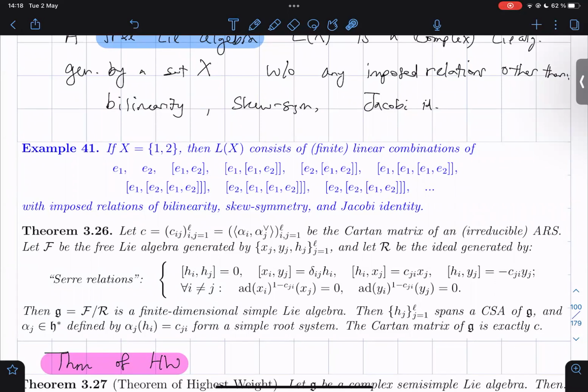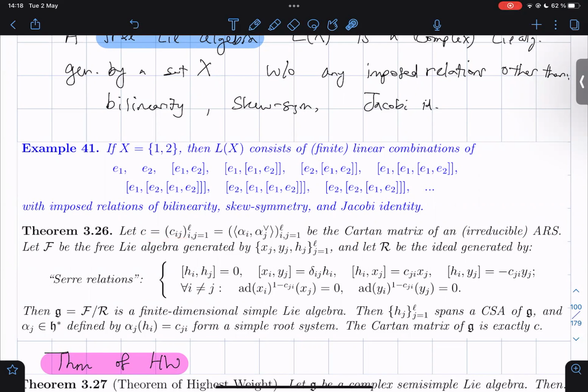So you have this really big Lie algebra, infinite dimensional, L of X. What can we do with it? Well, here's the amazing result. Let's start with the Cartan matrix of an irreducible abstract root system. We don't know yet that it comes from a semi-simple Lie algebra. We have the axioms that we know about irreducible abstract root systems, and then we could talk about its Cartan matrix. These satisfy some conditions, of course.